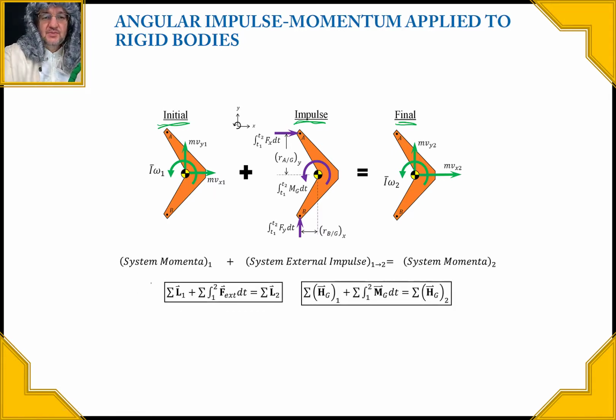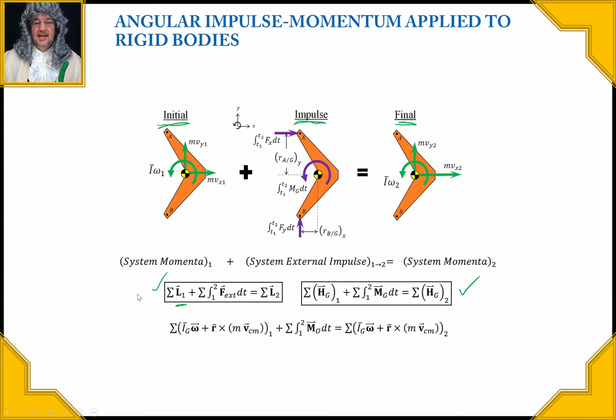And this can be expressed in two equations, although notably this is a vector equation. So within it we could break that down into components and have even more equations if that was relevant to the system we were working on. And we might also want to rewrite this one up here and note that we could do it about some arbitrary point or about some important point to us.